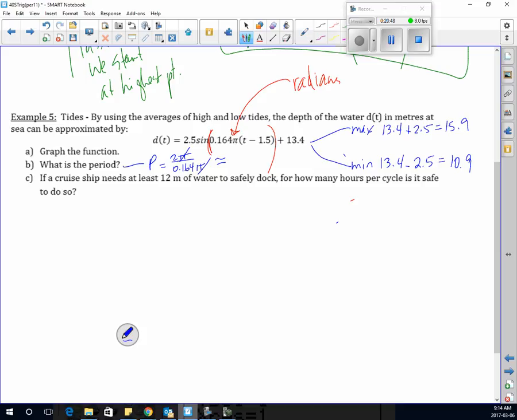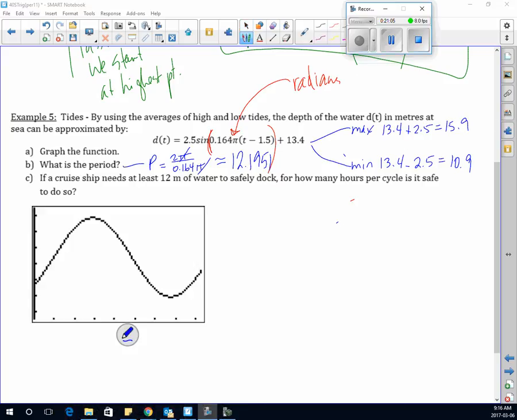Approximately 12. 12 point what? 1951? Okay, so use your period to guide your x. Use your max and your min to guide your graphing calculator. We're using our window settings to see it, because that's going to happen a lot.